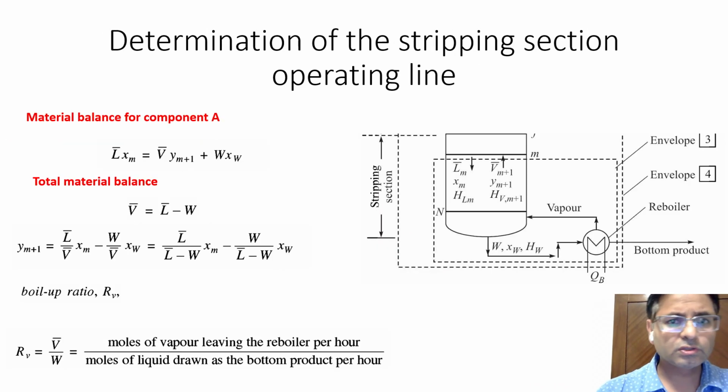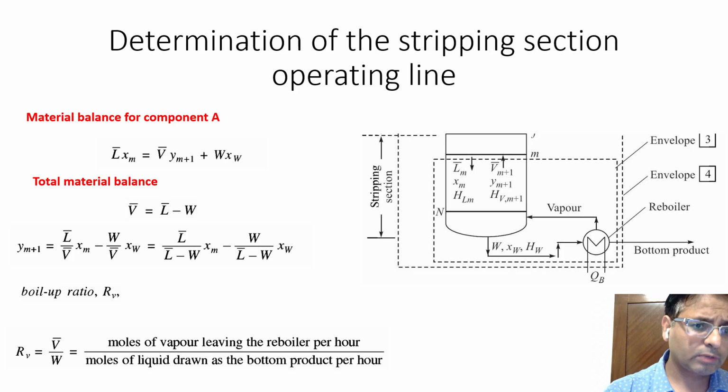Similarly, you can also do it for the stripping section operating line. You can do the material balance for component A in this section, and then do the total material balance. In this case, the liquid is going down and vapor is going out, and the residue is going down, so it will be on one side, and L, the liquid, will be on the left hand side.